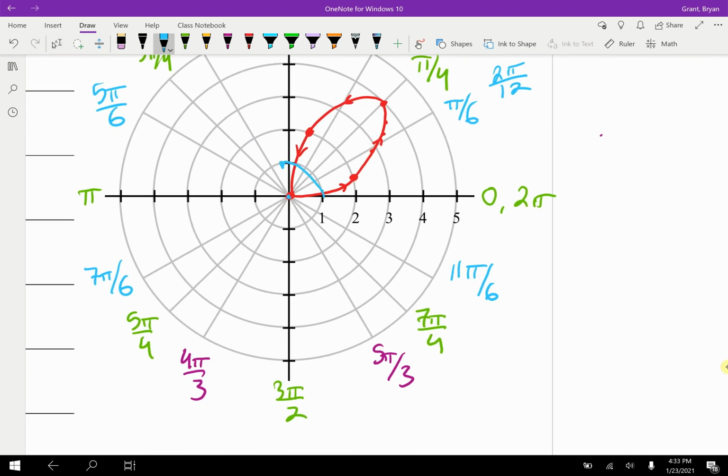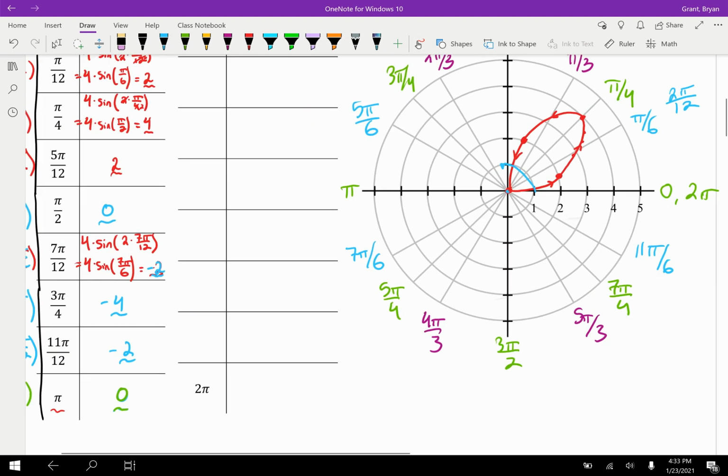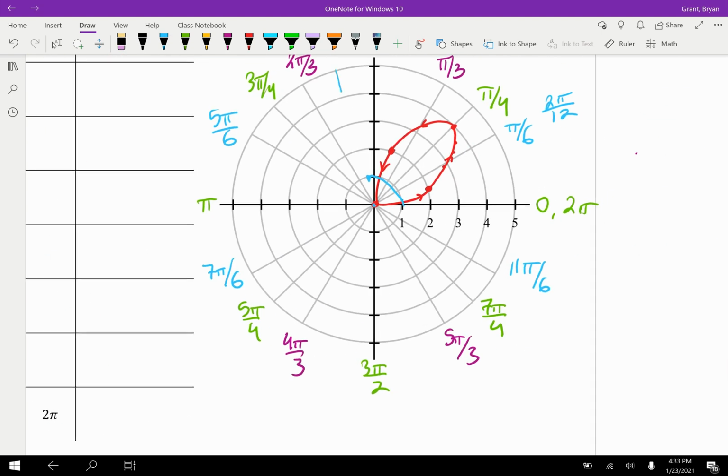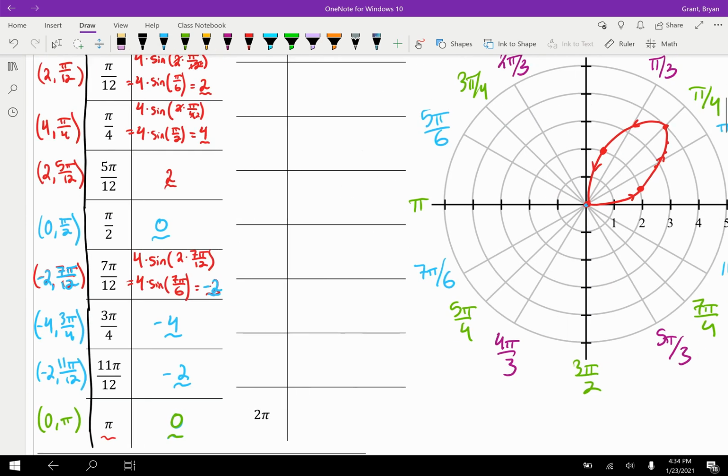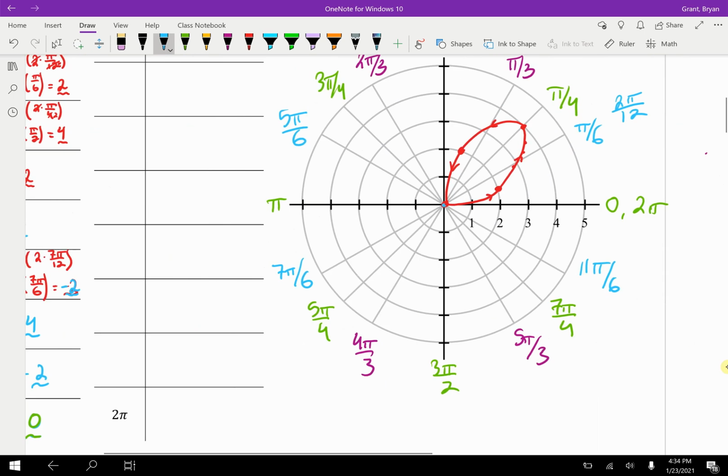So we've rotated over here, but instead of going out in a positive direction because our radius is negative, we find that same line and track it the other way, and this will actually bring us down to the fourth quadrant. So negative 2 comma 7 pi over 12 will track us negative 2 down towards, in air quotes, 7 pi over 12. And there's our first point.